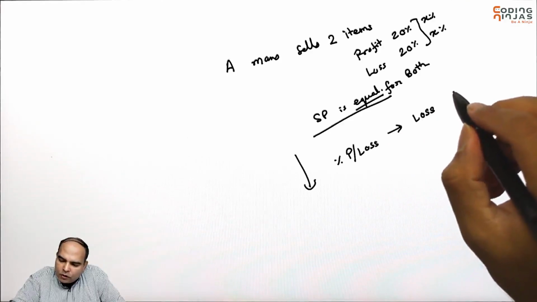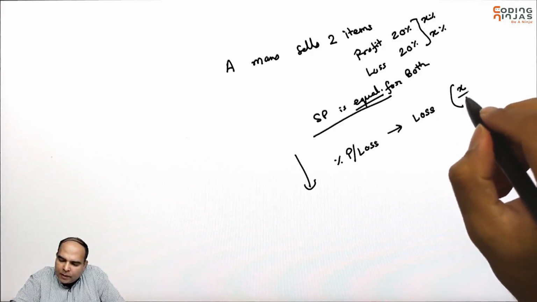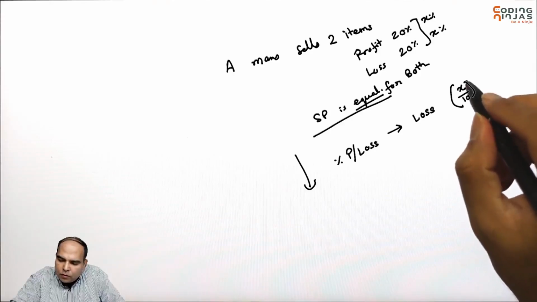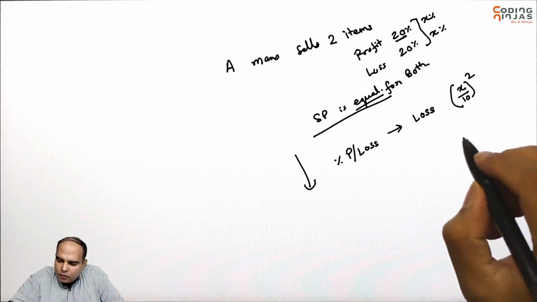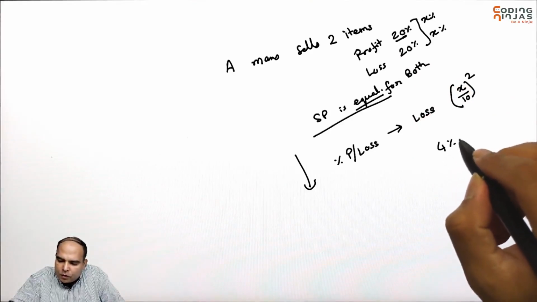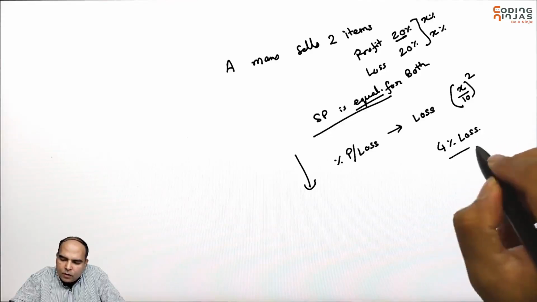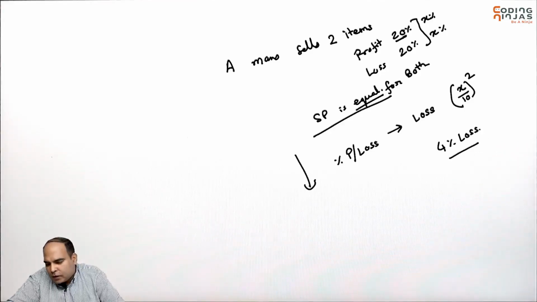The loss percentage will be x by 10 whole square. Because x is 20 here, you will have a 4% loss in this scenario. This is a standard question which you should know. It has been asked in aptitude exams in the past, and you can expect it in some papers that you will give for your aptitude tests.